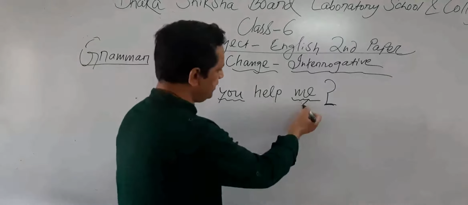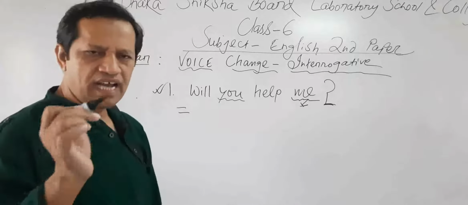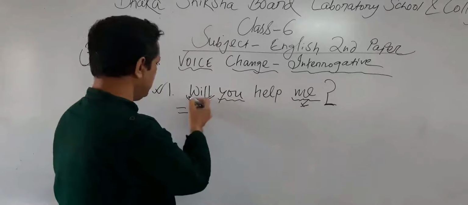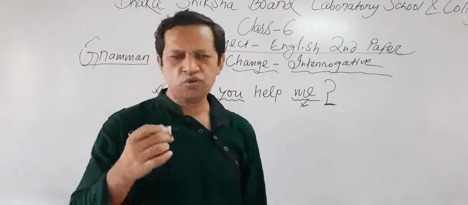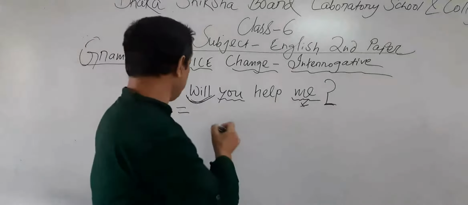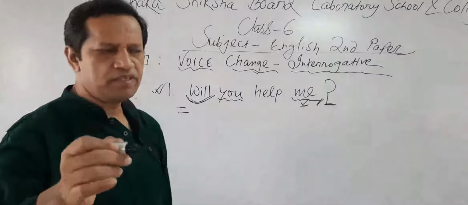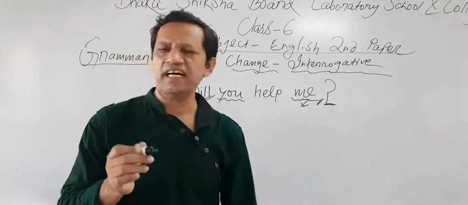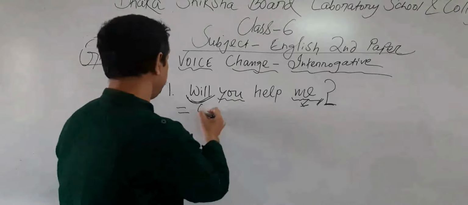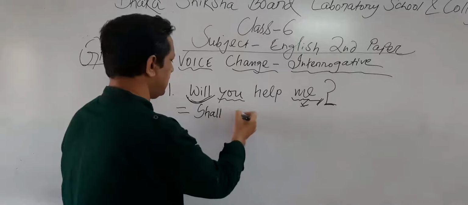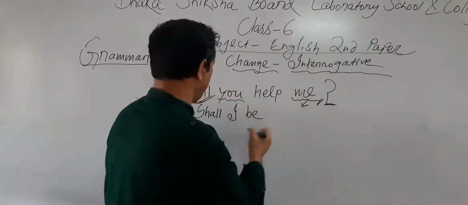Here, object me will turn into I, and the verb will turn into shall be or will be. That's why we have to use subject I and the helping verb shall be. As the subject is I, we have to use shall, I and be.